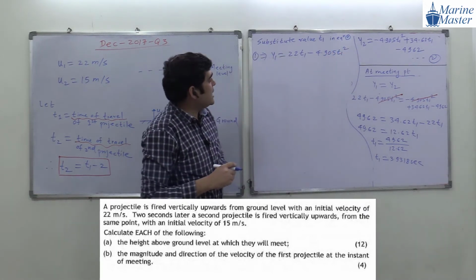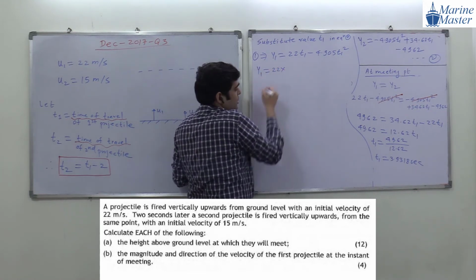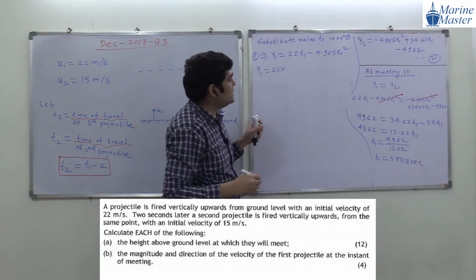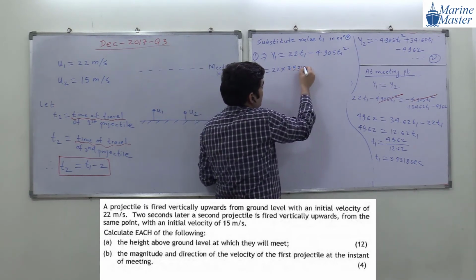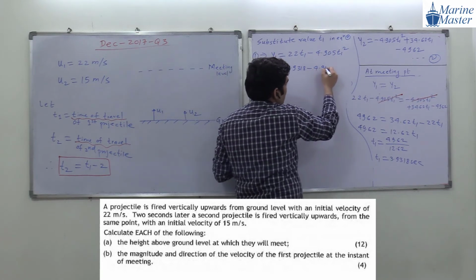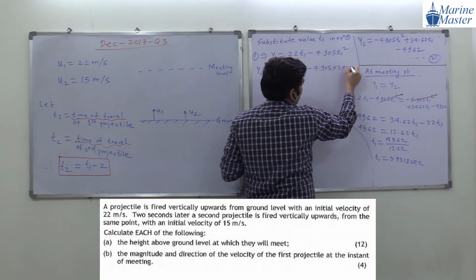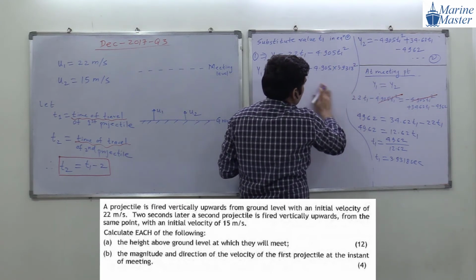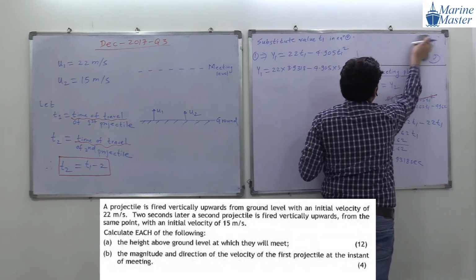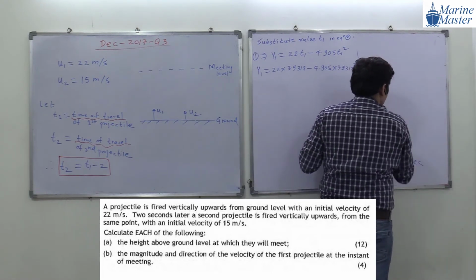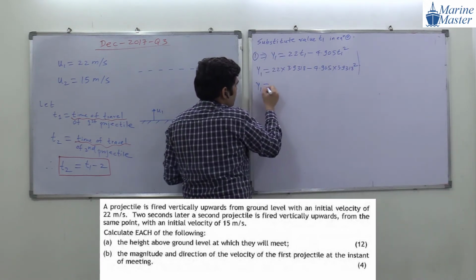So Y1 will be equal to 22 times T1, which is 3.9318, minus 4.905 multiplied by 3.9318 whole square. Please everyone calculate the value of Y1.